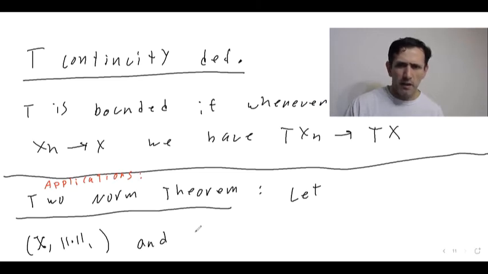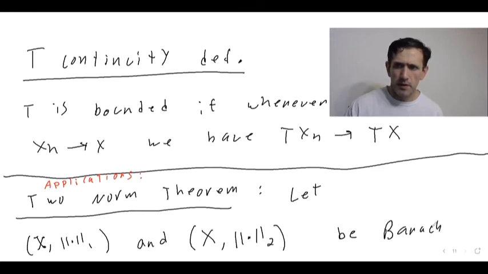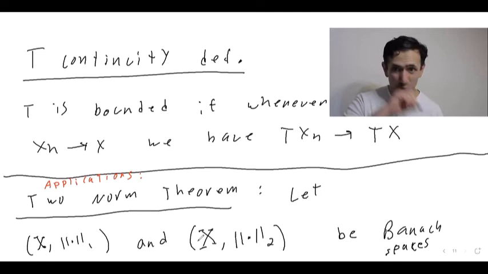So let's say we have the same vector space X with two different norms. In other words, we have two norms on the same big X, and both norms give you a complete normed vector space.